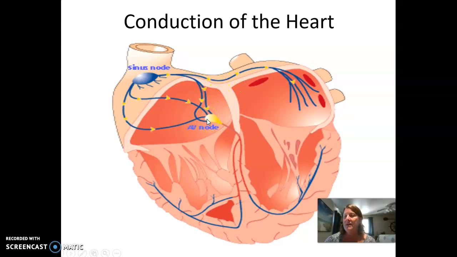So normally we said it starts with the SA node, travels through the intraatrial and intranodal pathways to the AV node. Now, the other thing that can happen is if for some reason the SA node doesn't fire, the SA node loses that ability for some reason. The AV node plus this bundle of His right here is known as the AV junction. And you have pacing cells right here in the junction area right next to the node. And the junction can actually pace the heart for you.